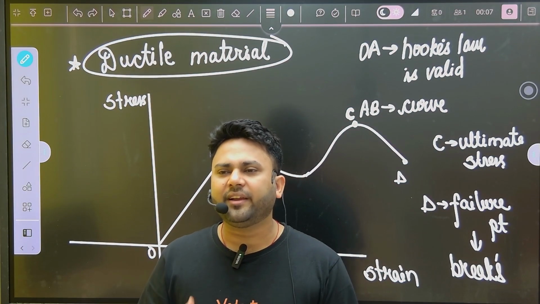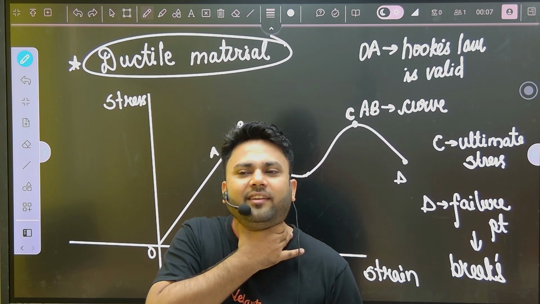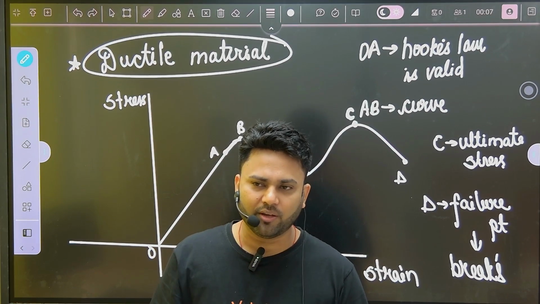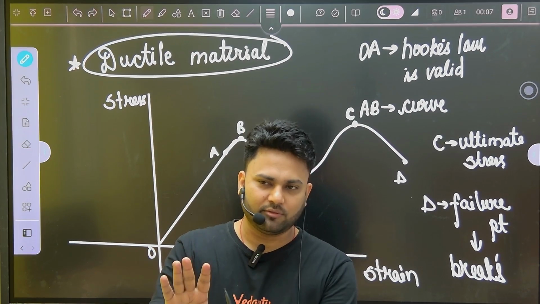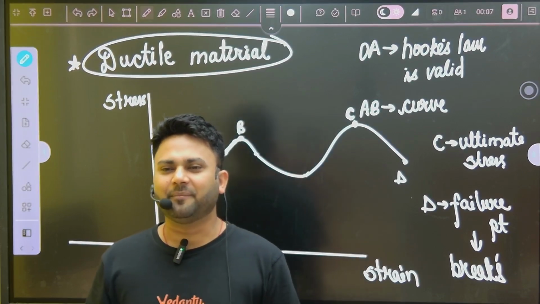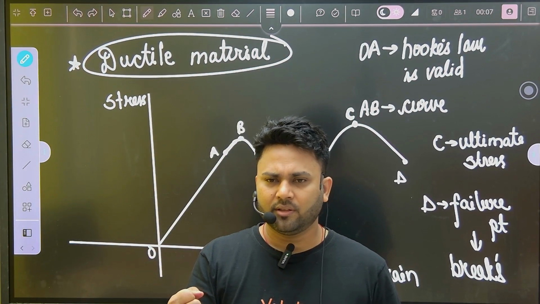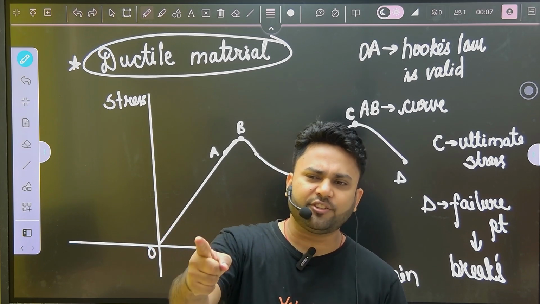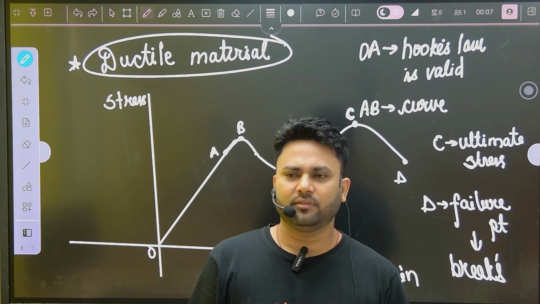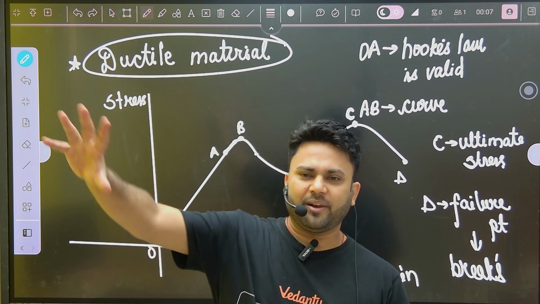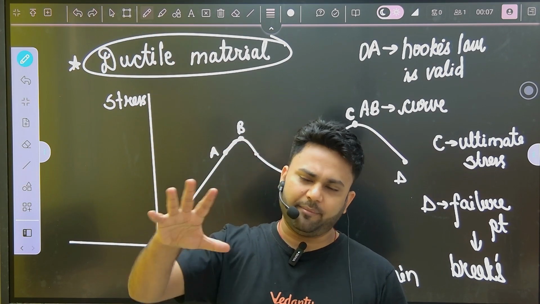Now even if I apply less stress, I can kill you. Not you, don't worry, just giving one example. I hit you very hard, and first I made you unconscious. So I applied 100 units of power and made you unconscious.